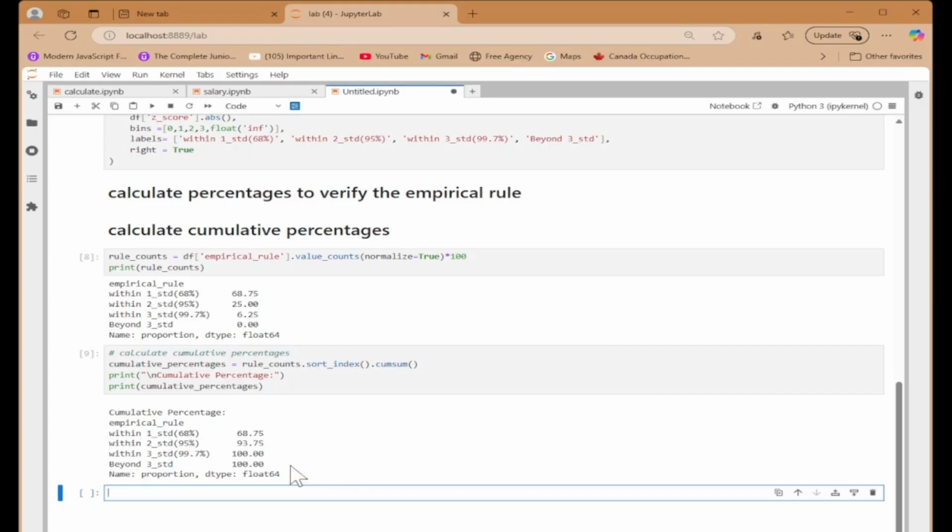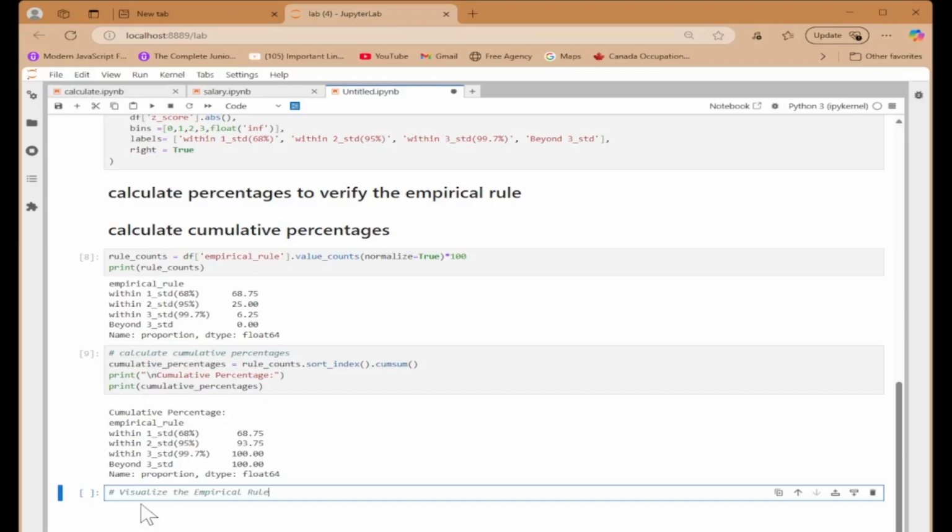So now what we need to do is visualize it to see it more clearly with plotting. Okay, so for that let me write a heading, visualize the empirical rule. Okay, make sure no errors.